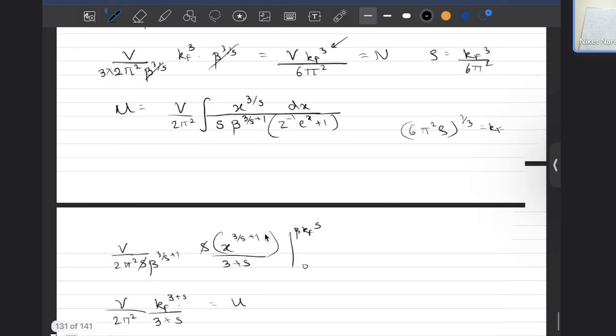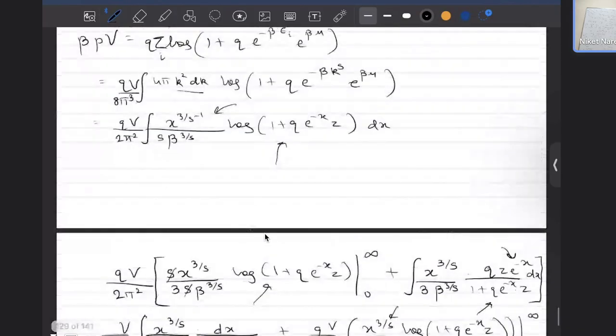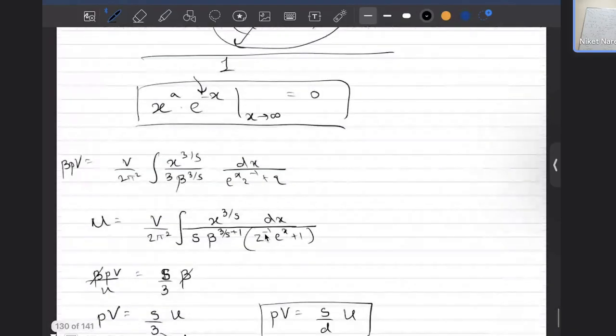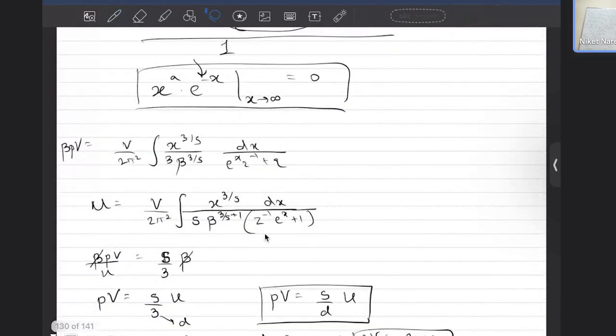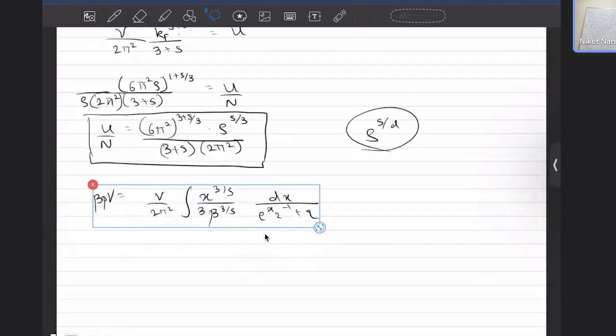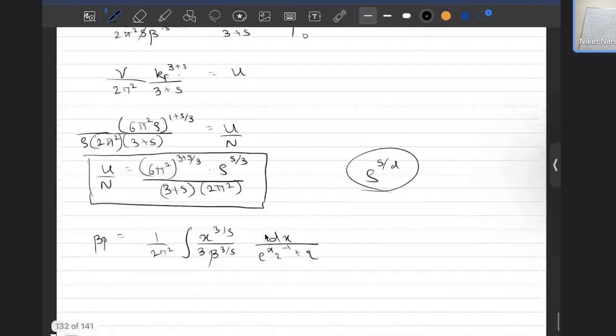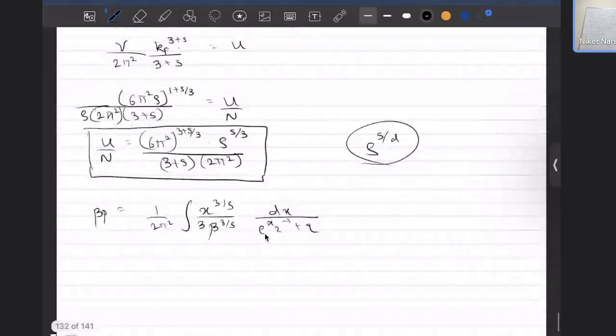And we want the pressure dependence also. Okay, so what was the expression for pressure? We had evaluated it in a simpler form here. Yes, here it is. Okay. So beta PV itself had a V, so obviously I can remove V from both sides. Let's evaluate and see.